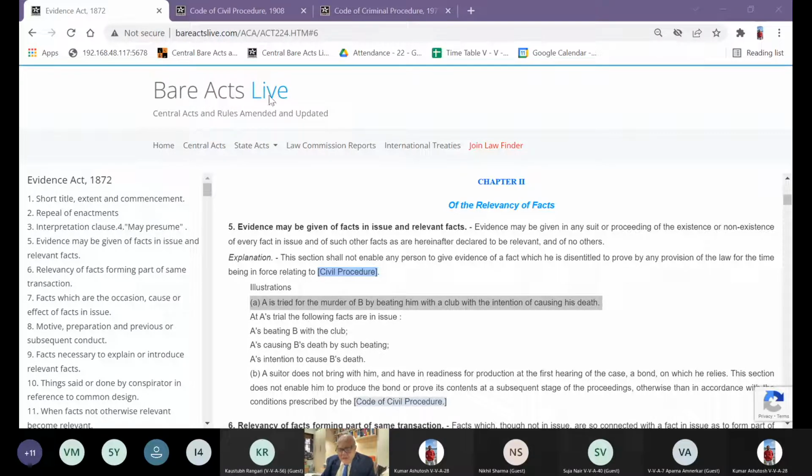Now give the next example. A suitor does not bring with him and have in readiness for production at the first hearing of the case a bond on which he relies. This section does not enable him to produce the bond or prove its contents at a subsequent stage of the proceeding, otherwise than in accordance with the conditions prescribed in the Code of Civil Procedure.